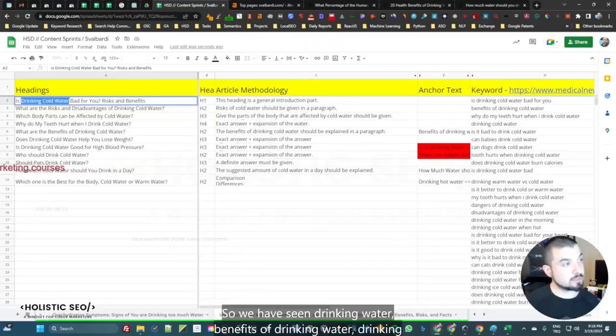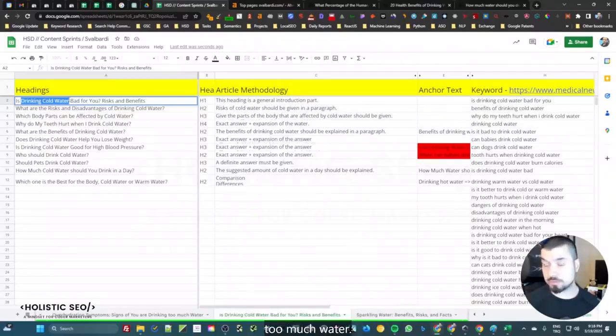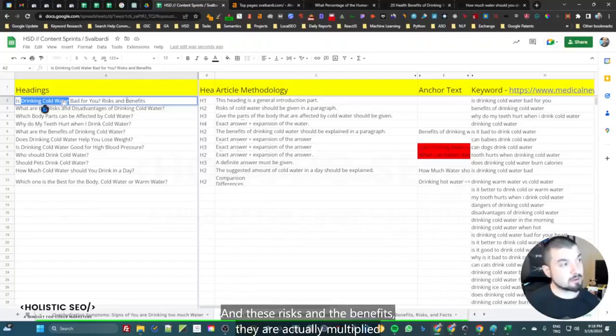So we have seen drinking water, benefits of drinking water, drinking too much water, and right now we are focusing on drinking cold water. So this is the most important noun directly inside our macro context, and these risks and benefits are multiplied and used together with this specific context.